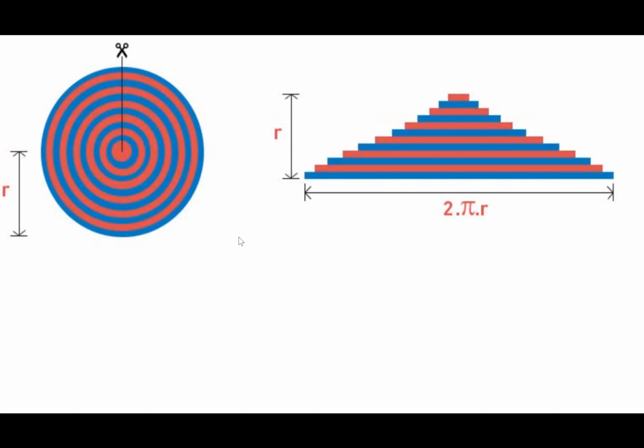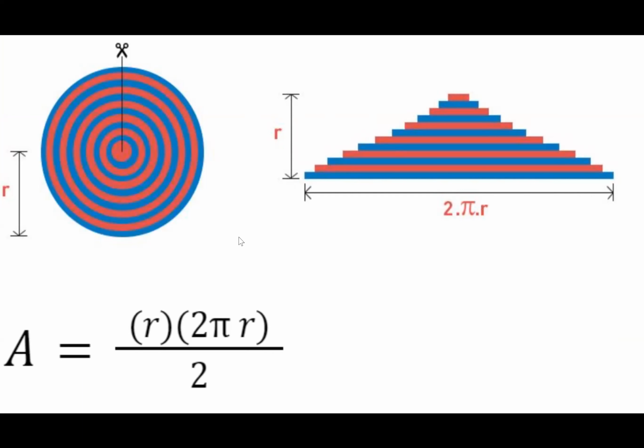So I know how to get the area of a triangle. I multiply the 2 measurements that make the 90 degrees and divide by 2. Interesting part, I can go radius times radius. I know exponents: when I have the same base, I just add the exponents. So I have 2 pi radius squared divided by 2.